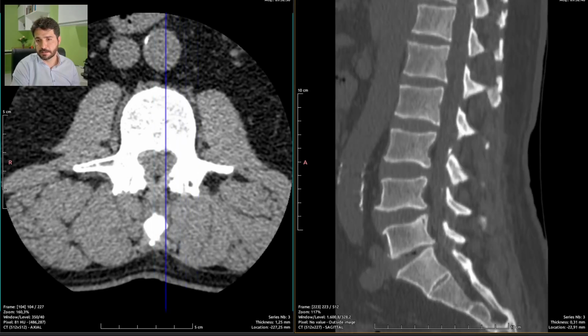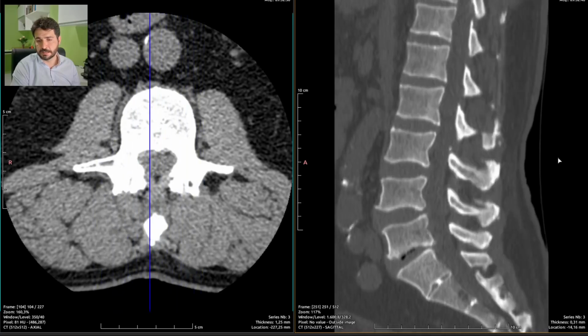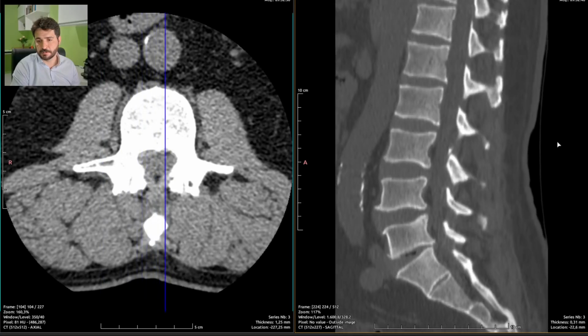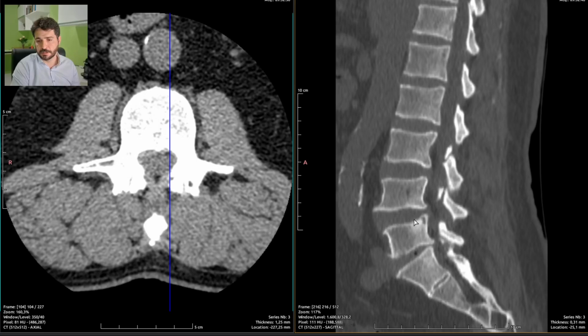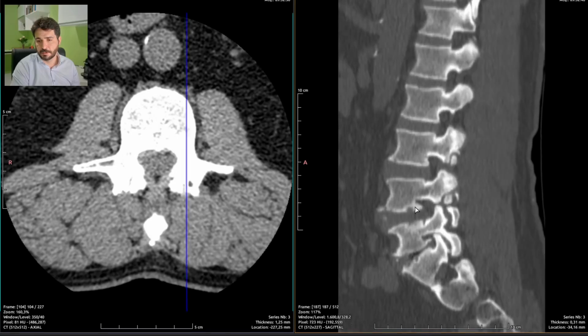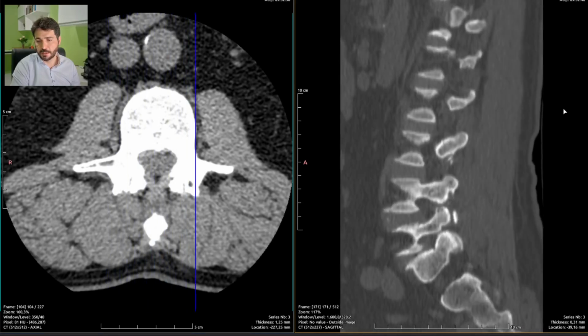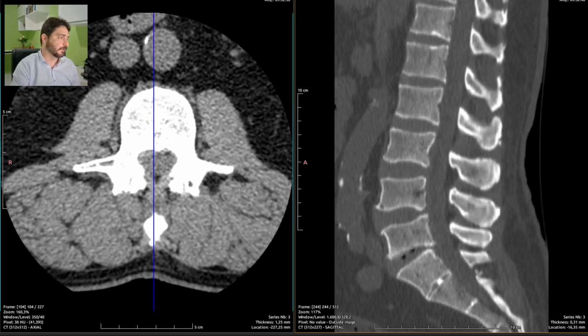So this is marginal diffuse osteophytosis. So we have to also describe that. We have some sclerosis and some bone cysts. This is all degenerative disease of chronic disc disease. Let's go. There is retrolisthesis. This is of the first degree.